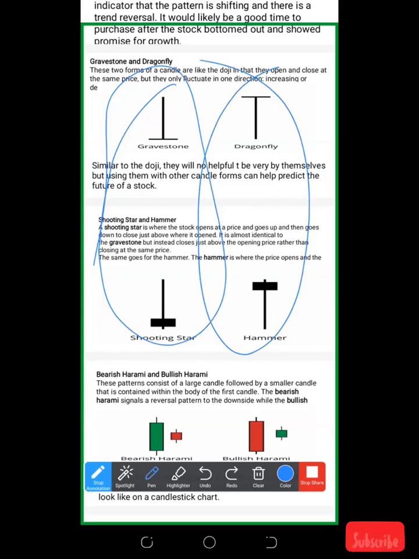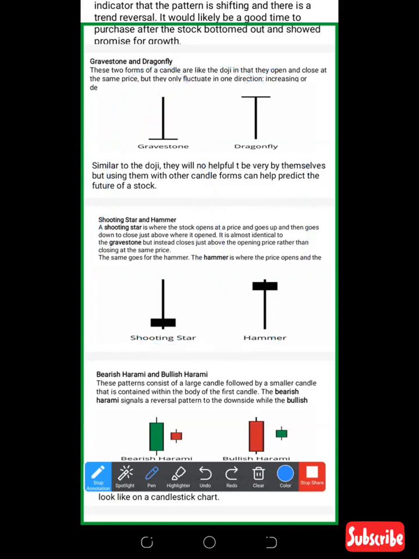And trend continuation. So if this guy appears, let me tell you, in a bullish scenario, this guy will appear this way. But in a bearish scenario, this guy will appear like this. Okay, but for rejection in a bearish scenario, it will appear this way. So don't get it confused.